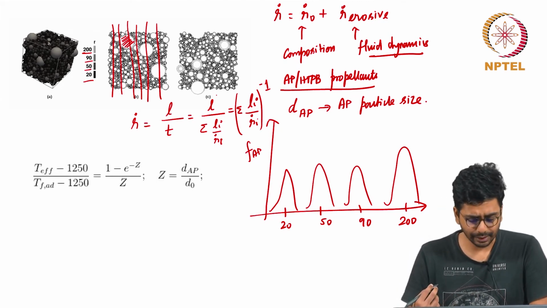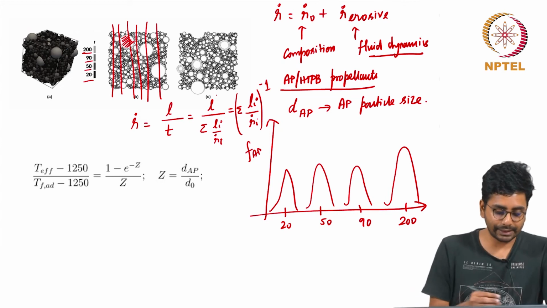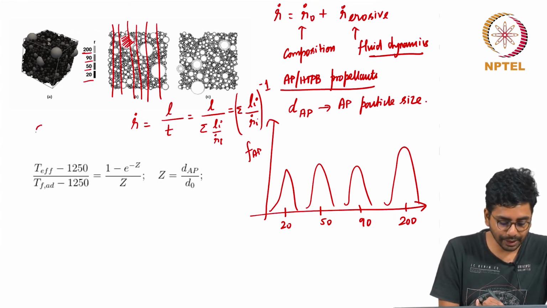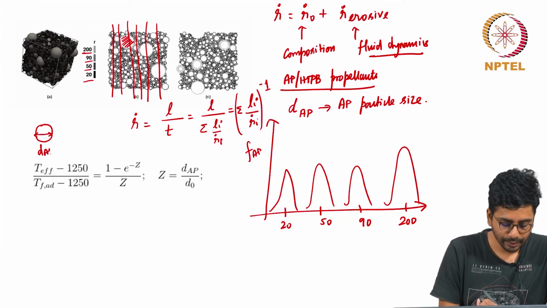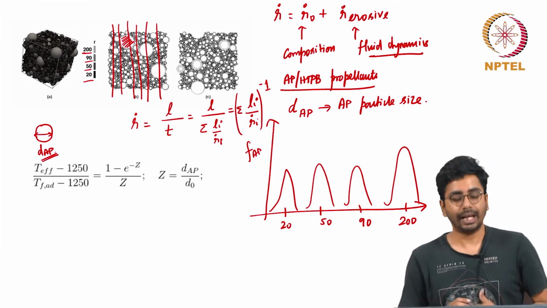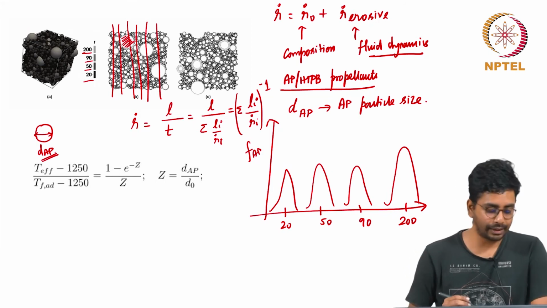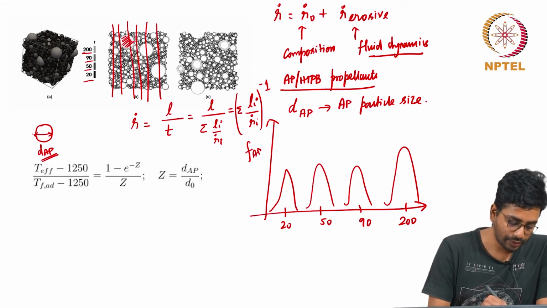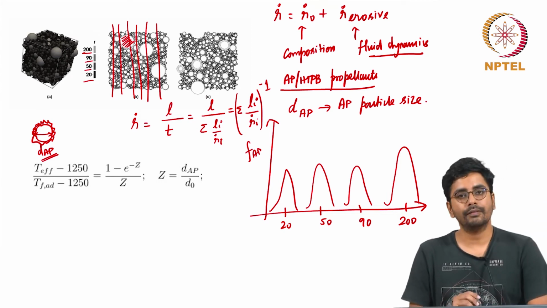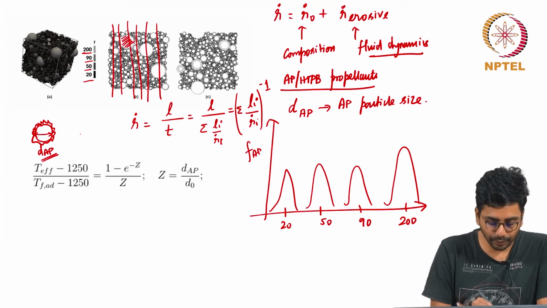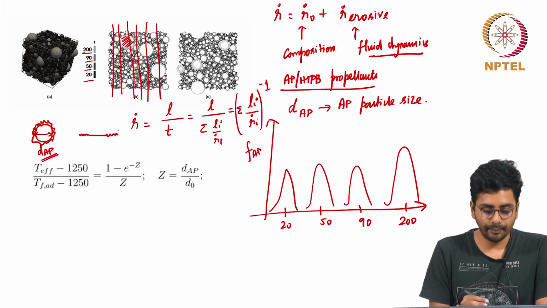Now the question comes: what controls the burn rate of a particle of size DAP? And this is where the idea of lateral diffusion comes into the picture. So, we have a particle of size DAP covered by fuel, and therefore, when you look at it in cross section, there is fuel, AP and fuel.